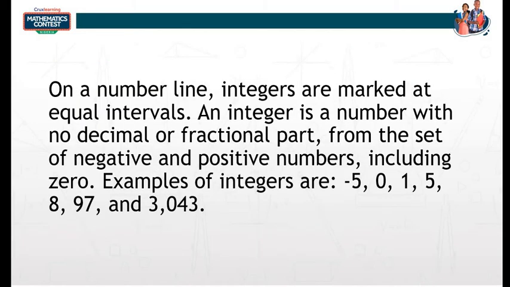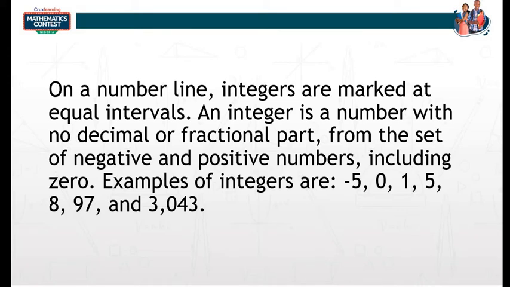On a number line, integers are marked at equal intervals. An integer is a number with no decimal. Any number with no decimal or fractional part is an integer. It can be positive, it can be negative, but it has no decimal or fraction.